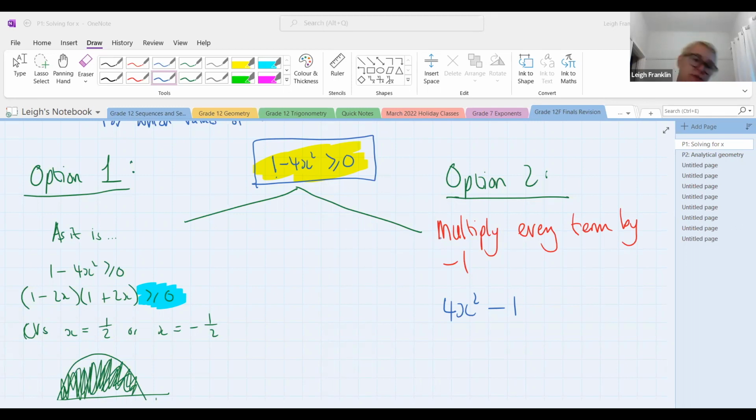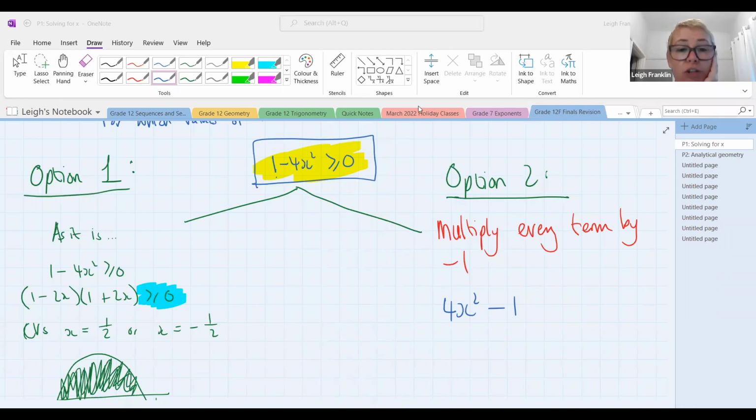We could do it by option number 1, or by option number 2. What happens to my inequality sign when I multiply or divide by a negative?